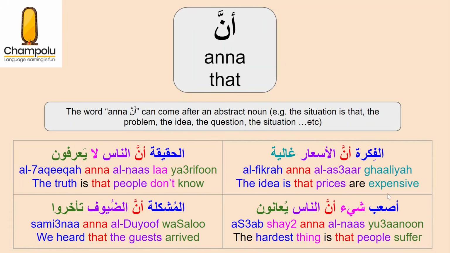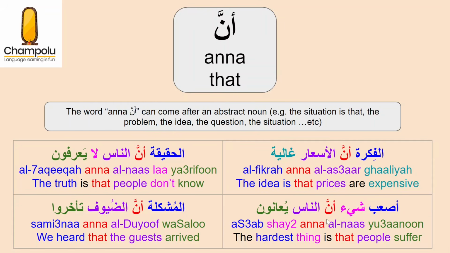And then we have something like أصعب شيء أن الناس يعانون. The hardest thing is that people suffer. And here we find it's not just one word, but it's a word with a comparative or superlative form. أصعب شيء. So together, it's the expression that comes before أن.